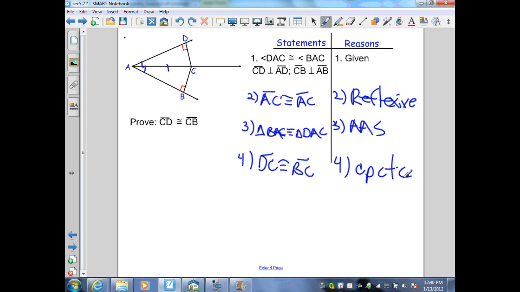That verifies that if I have a point here, C, that is on the angle bisector, then it is equidistant. And remember, equidistant has to be a perpendicular segment from this point to each side. Then that tells me that these two segments are going to be congruent. And that verifies theorem 5.4, the angle bisector theorem.